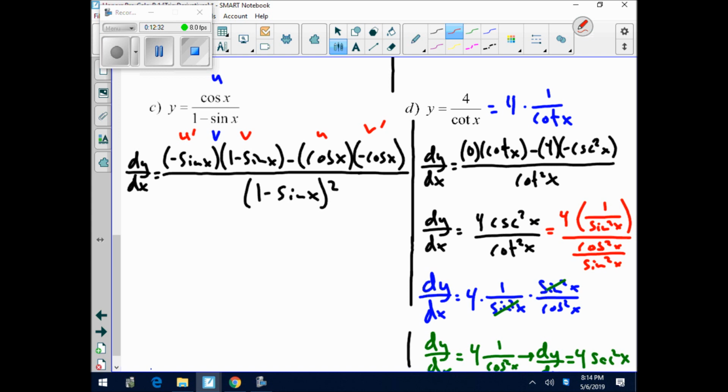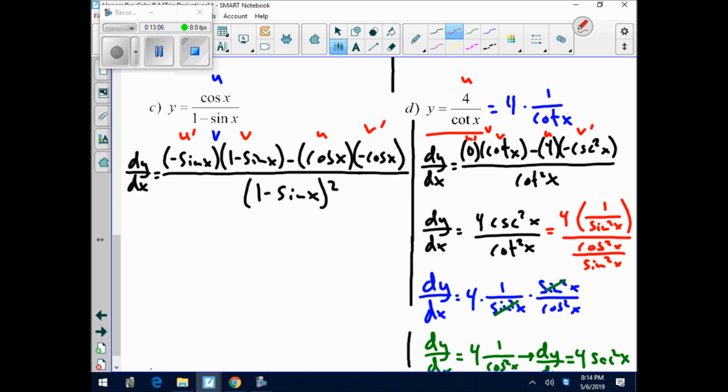Now right here with D, we've got a little bit of two ways that we can look at it. So first what I said was let's look at it head on and attack it like a quotient rule. And right here, if we do that, we get the derivative of our u of 4 as 0, times our v of cotan minus our u, so that's u prime, and then right here, here's our v, and then minus our u of 4 times our v prime of negative cosecant squared, and that's over cotan squared x.